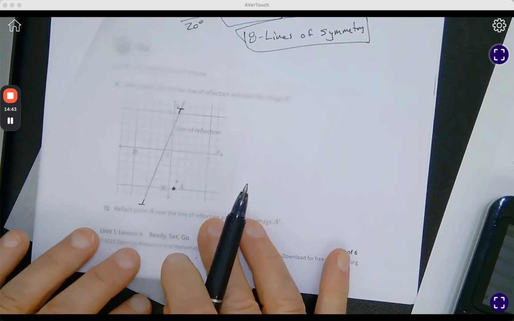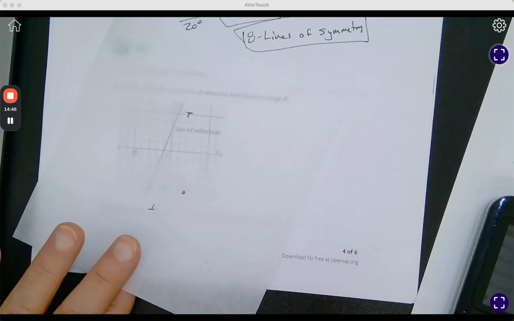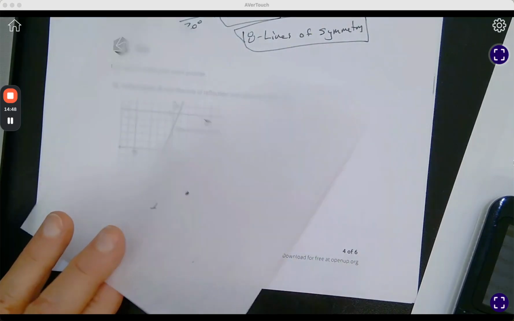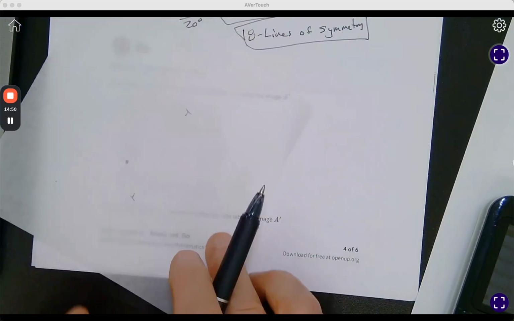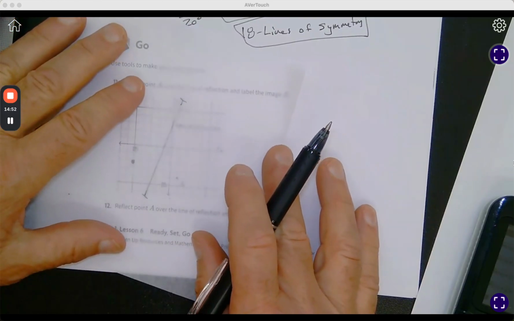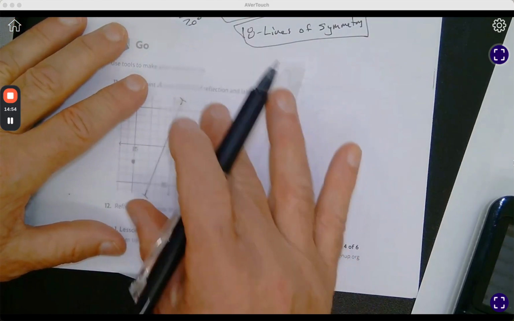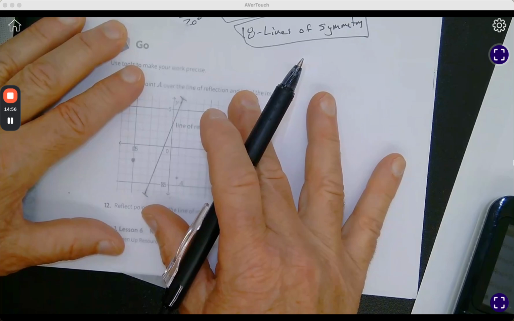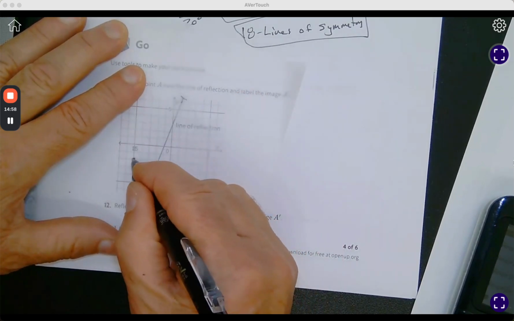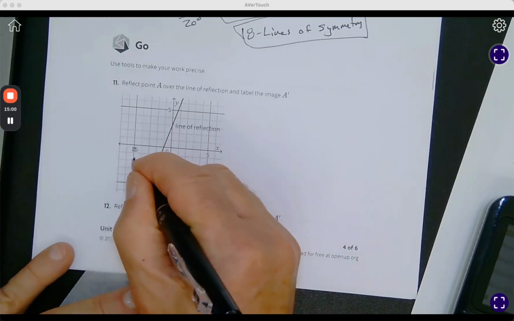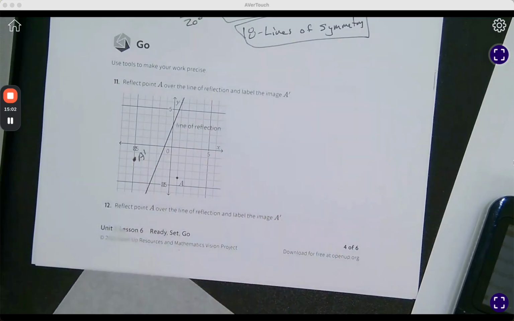I love reflections over a line because to me they're the easiest thing. I literally just pick it up, turn it over, and line up the ends of the lines with the ones I drew. Notice how that landed right there. Boom, A prime. I'm done. All right, that's good work.